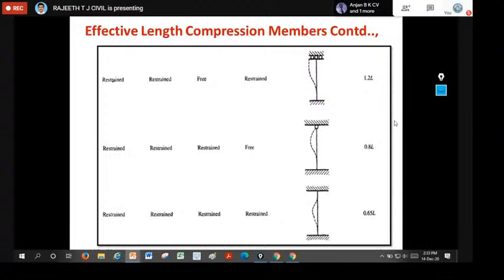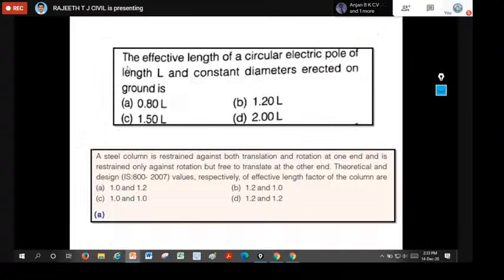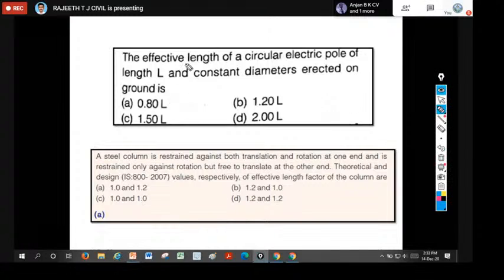We will see one or two review questions on this. This is one of the GATE questions: the effective length of a circular electric pole of length L and constant diameter erected on the ground is. We'll read the question again. We should now calculate the effective length.